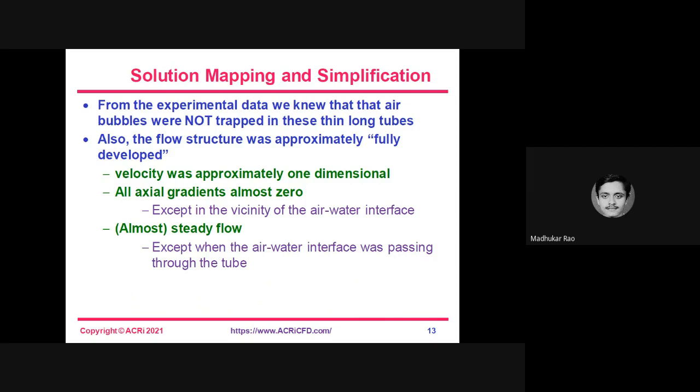All the axial gradients were fairly small, except in the vicinity of the air-water interface, but that phase is very short. Once the air-water interface passes through, the flow settles back to being almost one-dimensional. And the flow was almost steady because the pouring process was almost constant, again except when the air-water interface was passing through the individual tubes.